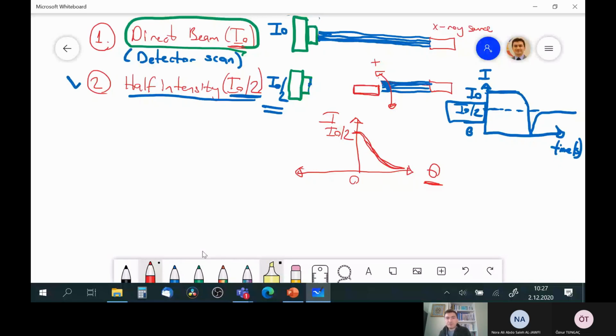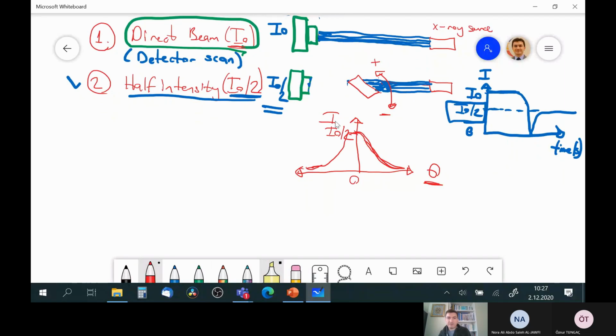Then let's move the sample in the negative direction, then you will see more or less the same behavior. What happens to the shape of the sample? Then the sample will be like this. So again, we cut the intensity, and the intensity at the detector is 0, okay?